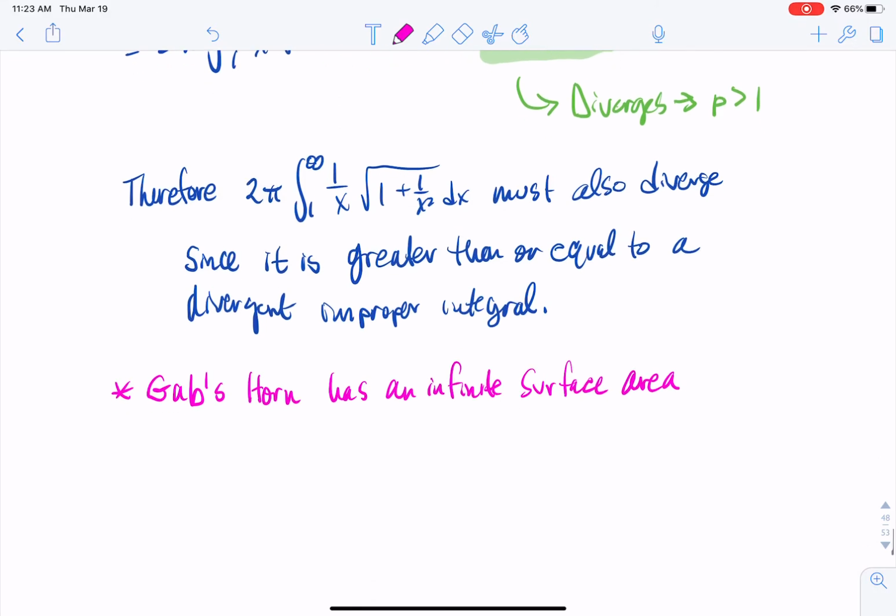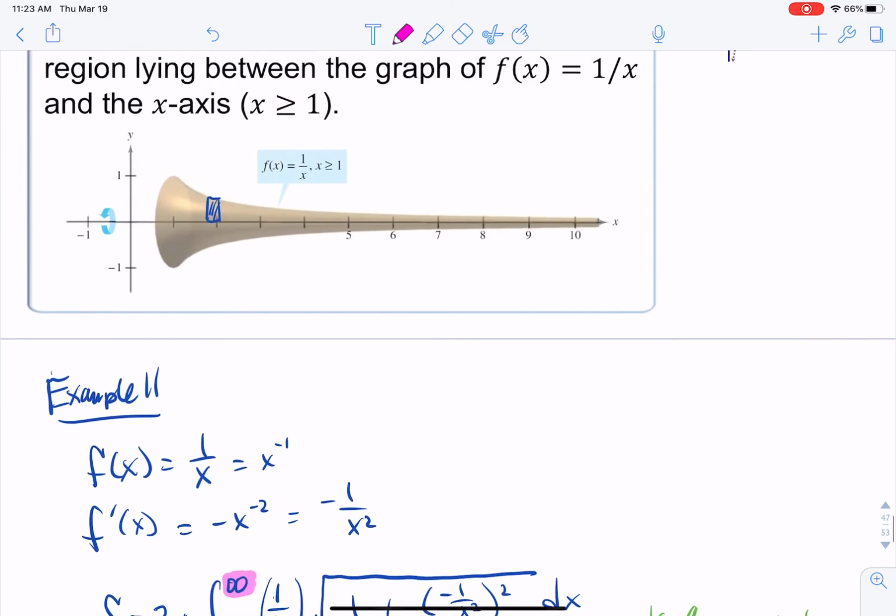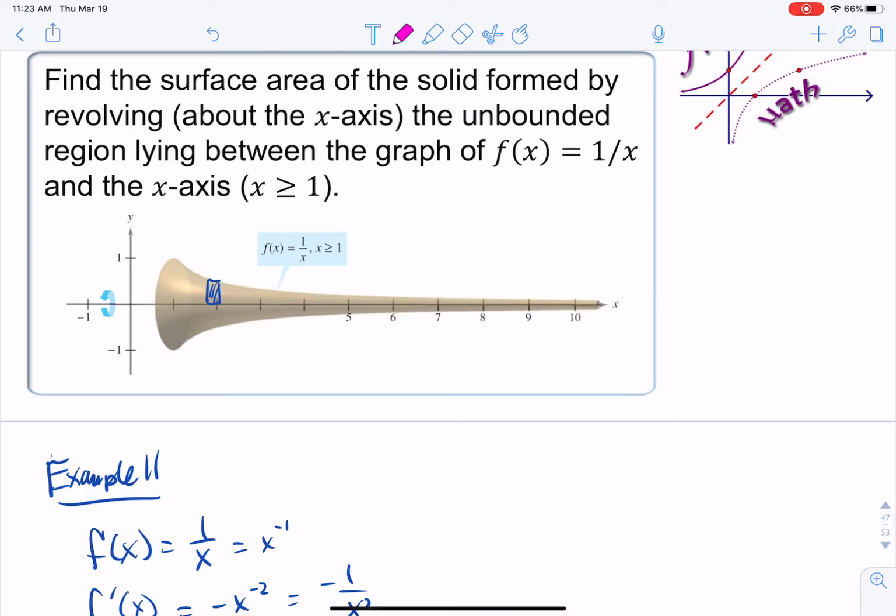What it means is this. It means that if we take this shape right here, we could actually fill that thing with some sort of paint, right? It has a finite volume. I could fill it up with exactly pi cubic inches of paint, or whatever unit we might be using. However, even though I could fill it up with pi cubic units of paint, I could not paint its surface.